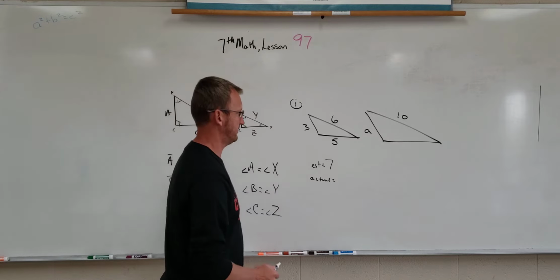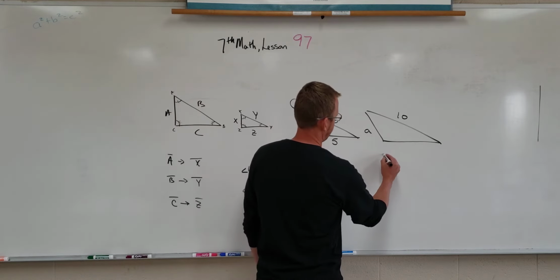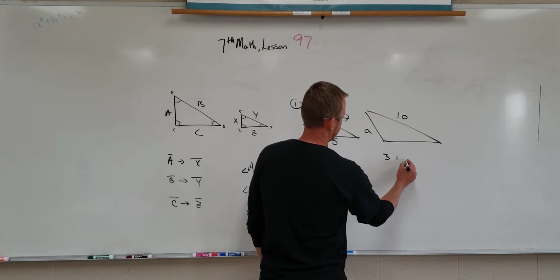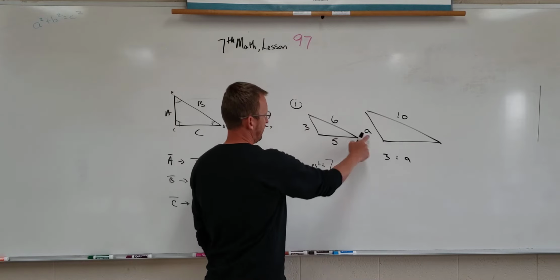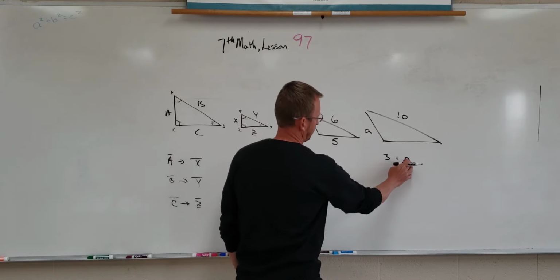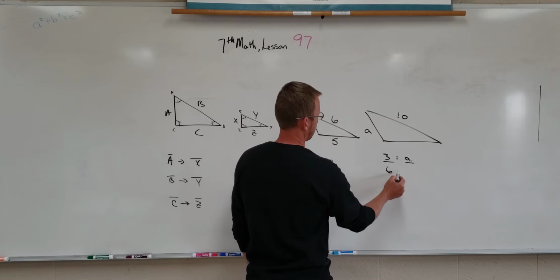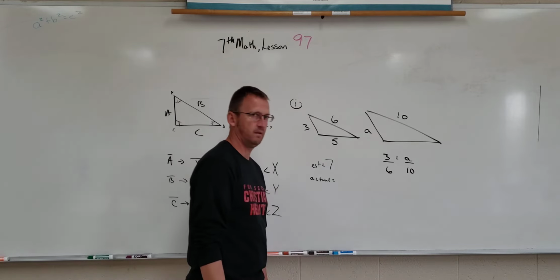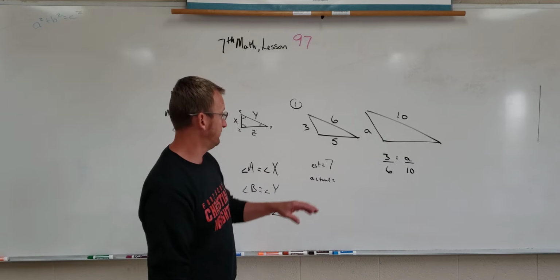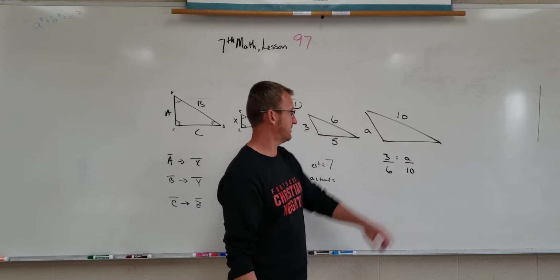Our actual, we set up proportions. We say 3 is to A, so I'm comparing them, as 6 is to 10. So we have to pick two sides that we do know. We do know that this is 6 and this is 10.